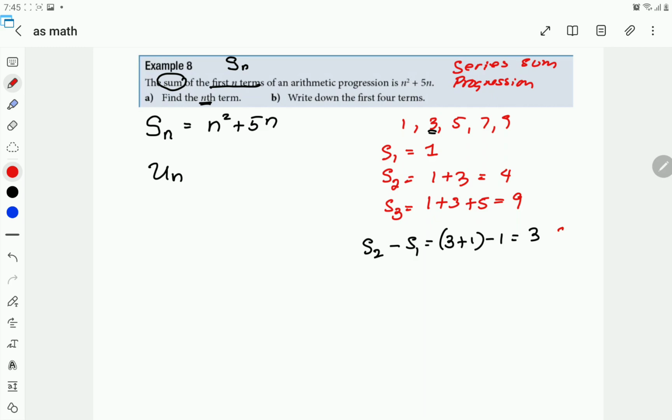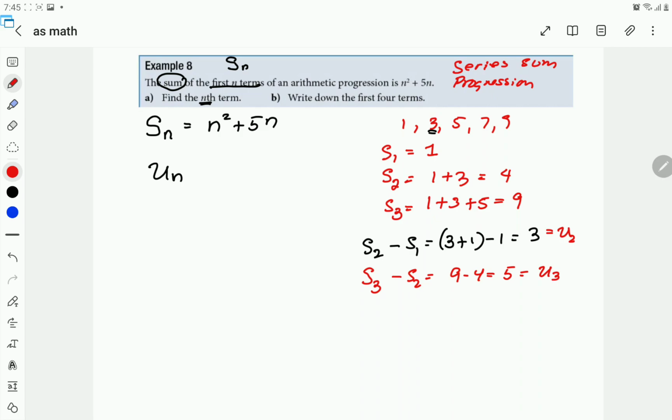That 3 is actually your second term. If you have S3 minus S2, what is that equal to? That is 9 minus 4 equals 5. That 5 stands for U3.